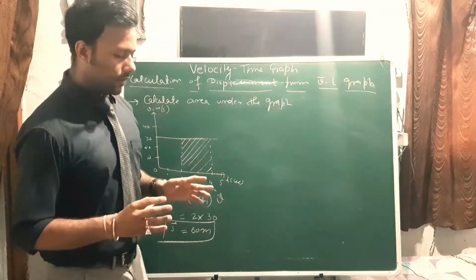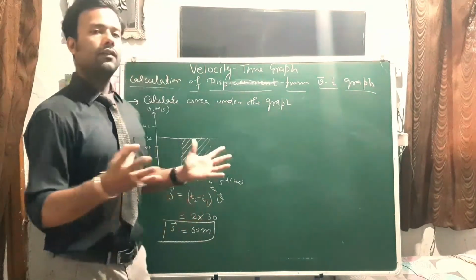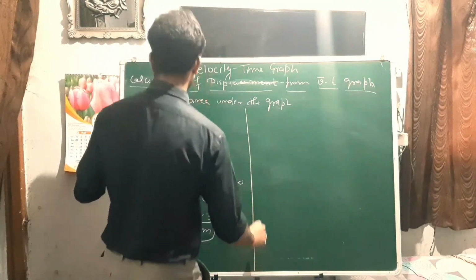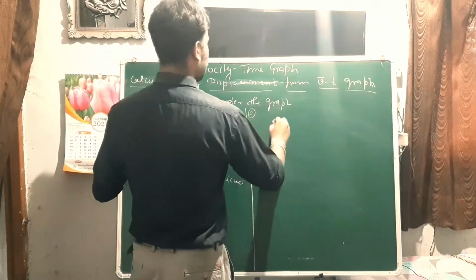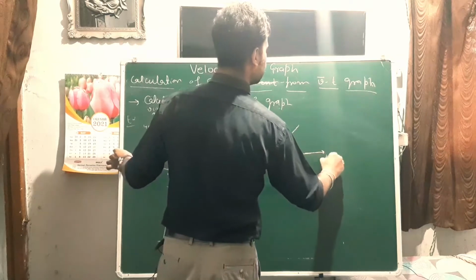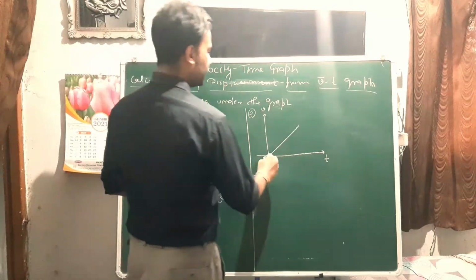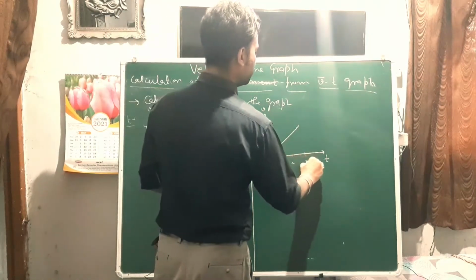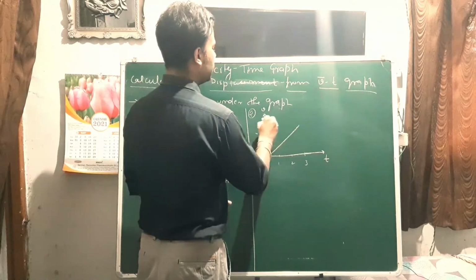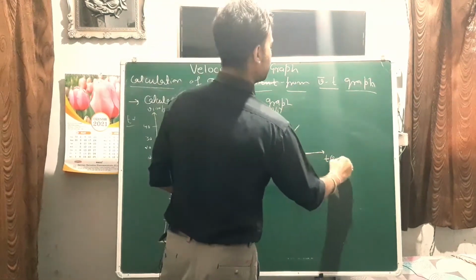So by this method you can find the displacement with the help of the VT graph in any interval of time. Let's say one more example. This is example number 2. If the graph is, let's say, like this, this is 0, 1, 2, 3, this is 10, 20, 30, this is meter per second and this is second.